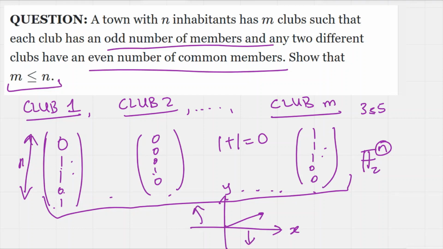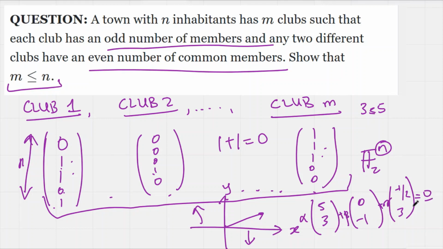And all of these I could write down as vectors in this form, so maybe this one here is (5, 3), this one is maybe (0, -1), and this one is maybe (-1/2, 3), or something like that. But it turns out what I can always do is add up multiples of these vectors, alpha, beta, and gamma. If I add those up, I can always end up with the 0 vector.